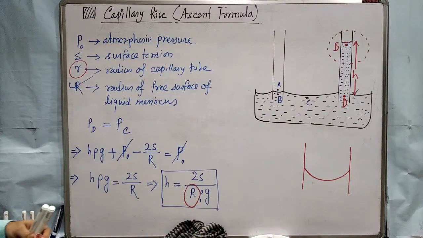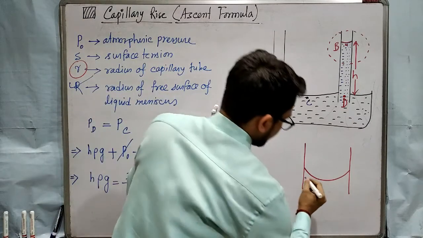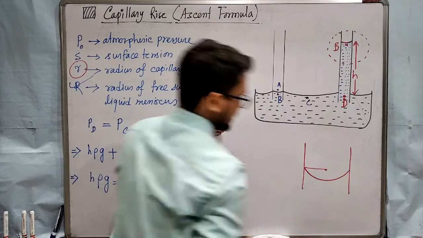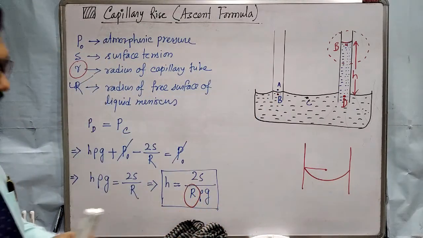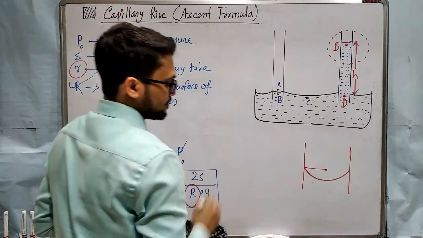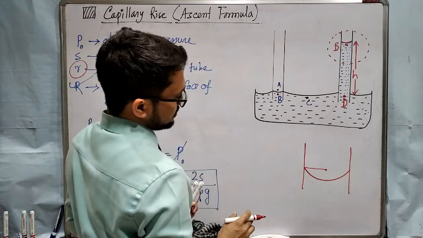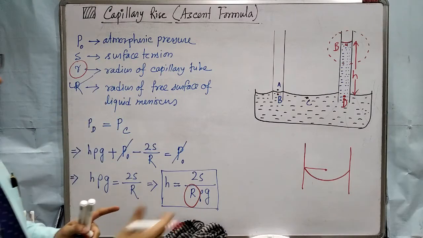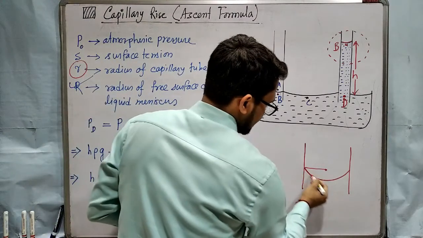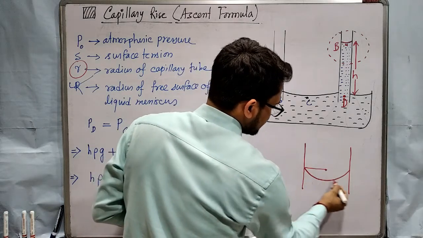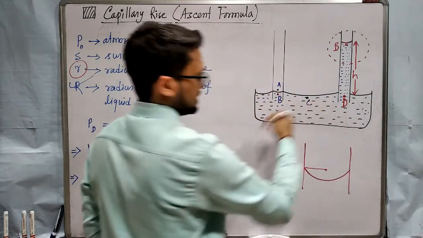Now this is the radius of the capillary tube, smaller r. Now how will you find the radius of the liquid meniscus? Radius of liquid meniscus means, it is a concave up face, so basically the radius of curvature of this concave face.